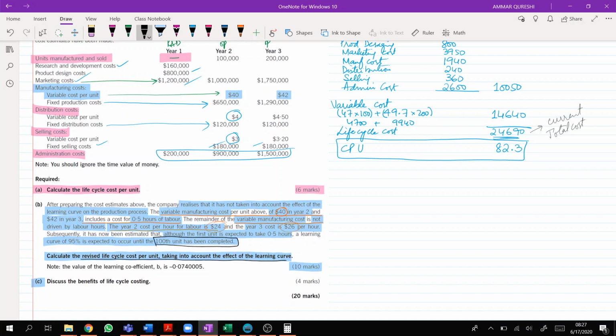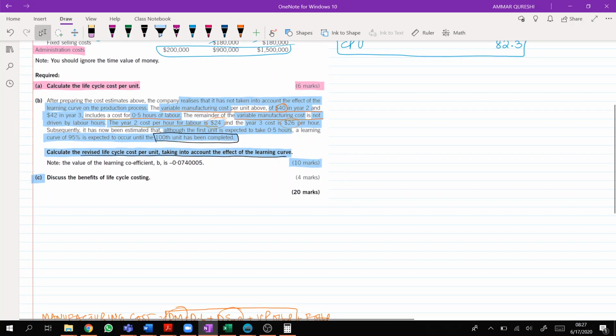Now, how can we do this? Let me try to write the steps. First of all, we have to calculate the total time required from 1 to 100 units, right? This is the first step. The second step is we have to calculate the time required for the 100th unit.